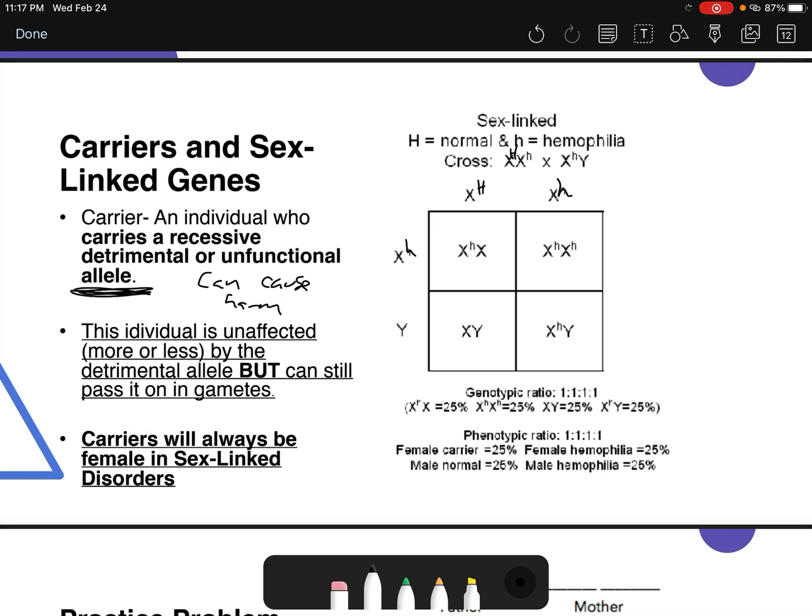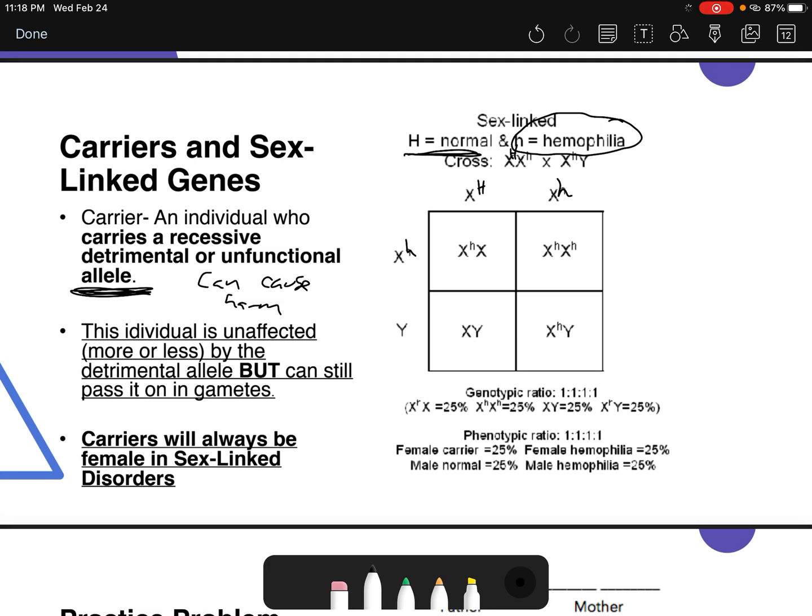The carrier itself is unaffected by the detrimental allele. However, this carrier can still pass it on in its gametes. So if we have a detrimental allele, like we do up here, hemophilia is recessive to normal blood type. In normal blood, you have clotting factors. In hemophilia, your clotting factors do not work properly.